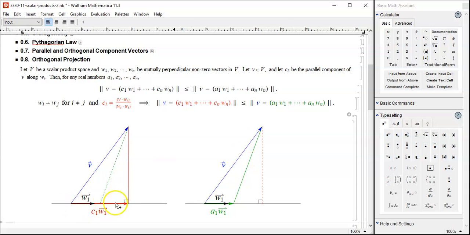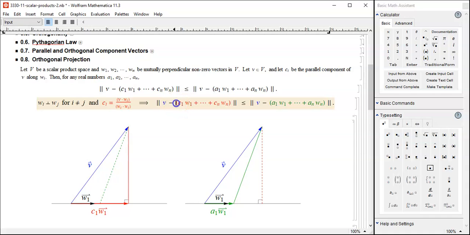In other words, this red vector is the best approximation of this vector v within this one-dimensional subspace down here. If I select something arbitrary, like A1, W1 here, the error is the length of this green line, which is slanted, so it's bigger. So this is a better approximation than that. So this one is a better approximation than this guy.